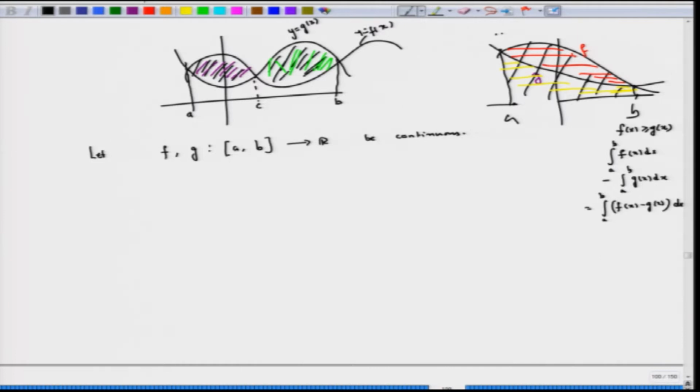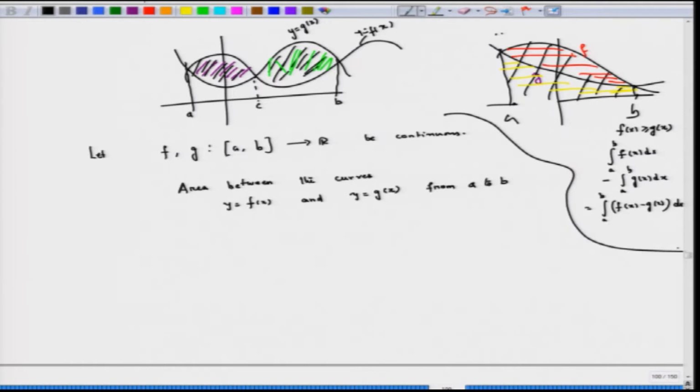So, essentially, the area between the curves y equal to f of x and y equal to g of x from a to b is given by the integral from a to b of the modulus of f of x minus g of x dx. So, for the case from a to c, mod of f of x minus g of x is equal to f of x minus g of x.